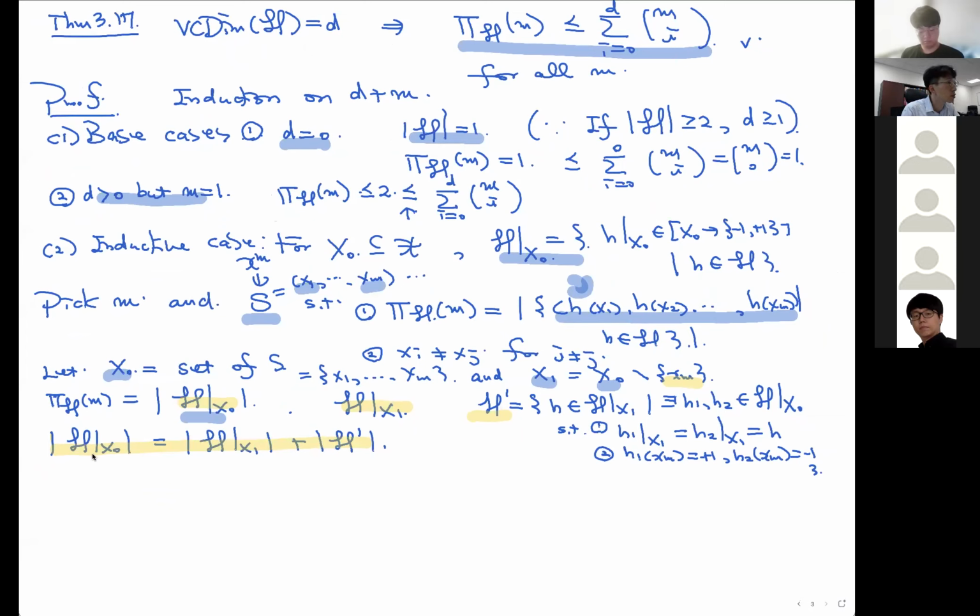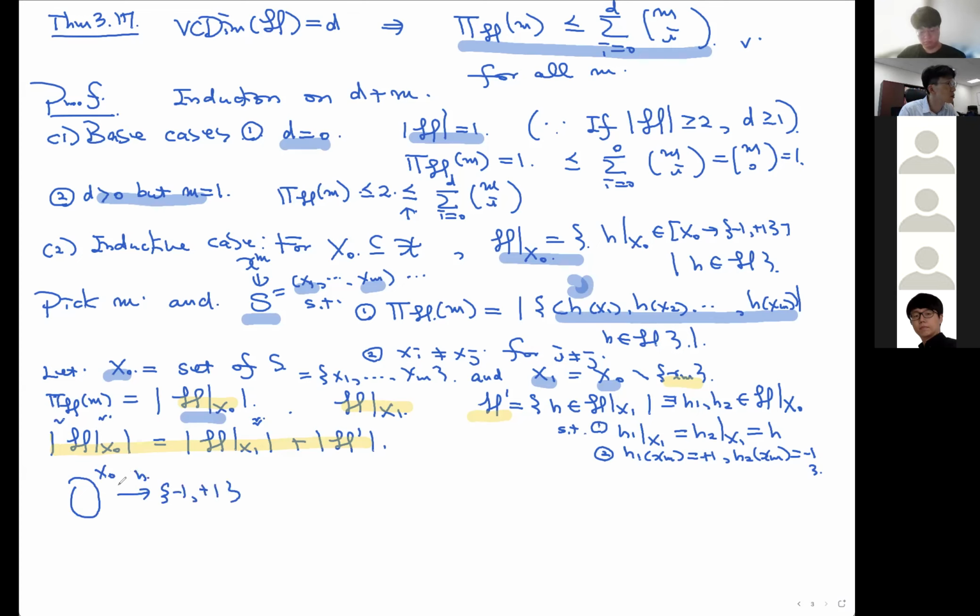Now, if you look at how h restricted to x0 and h restricted to x1 are defined, h restricted to x1 is defined by taking a function defined over the larger set and restricting its domain. So we have a function defined on the larger set x0, which is x1 plus one element.